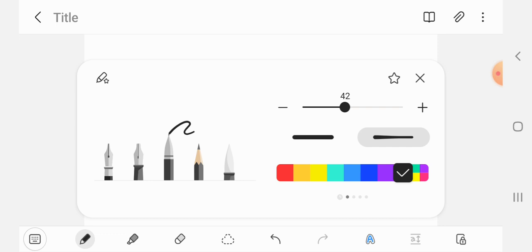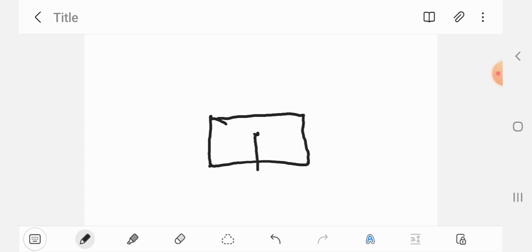All right, so let's say for instance that we have an object, a box, sitting on the ground. With this box, in the center of the box, we will have a line going down.